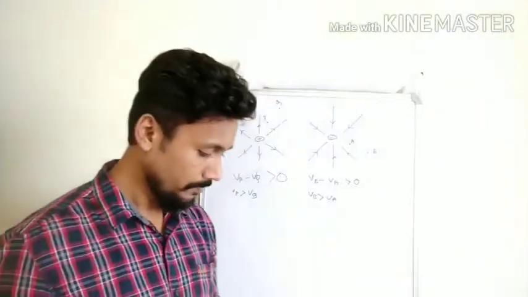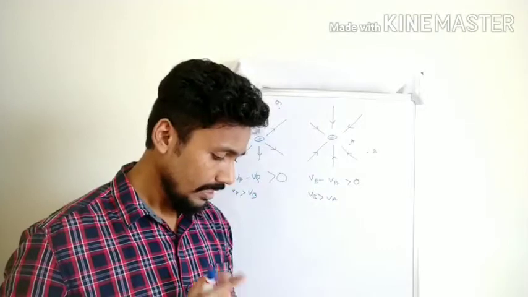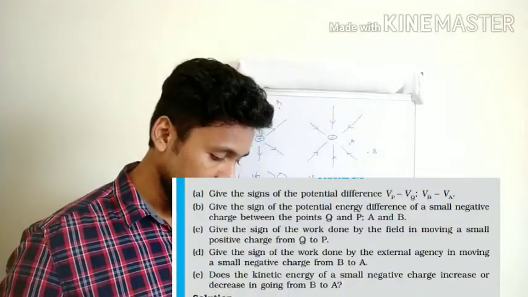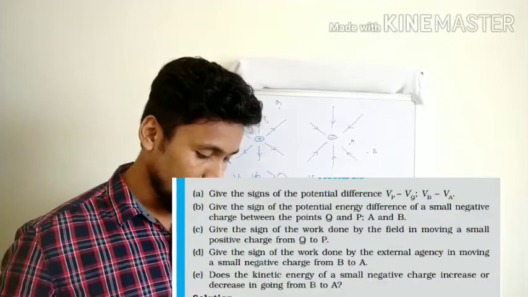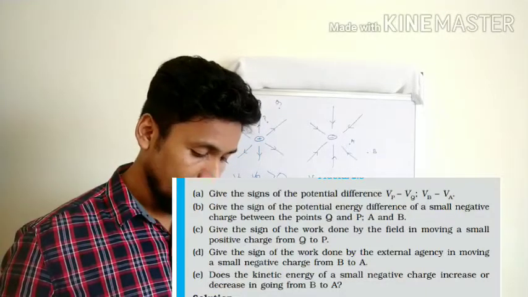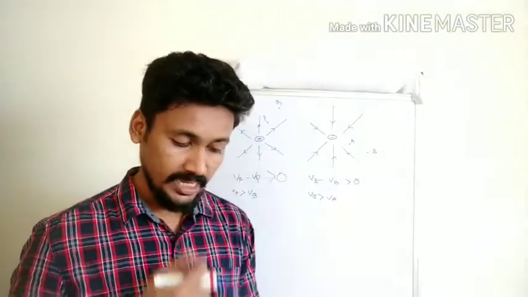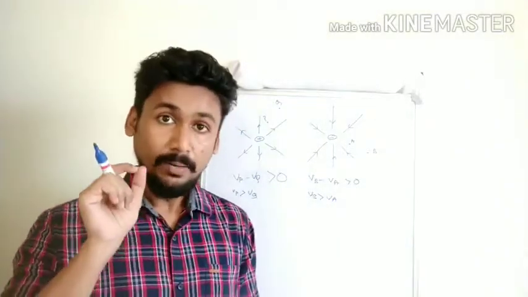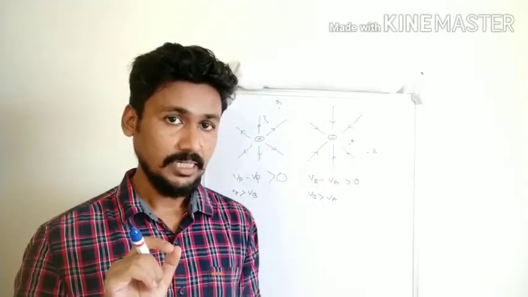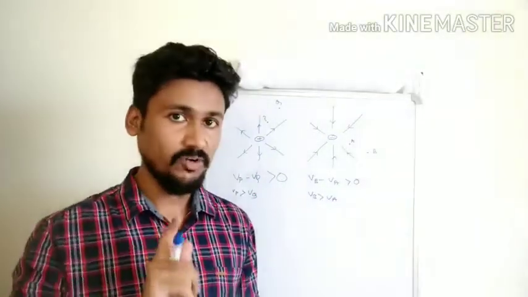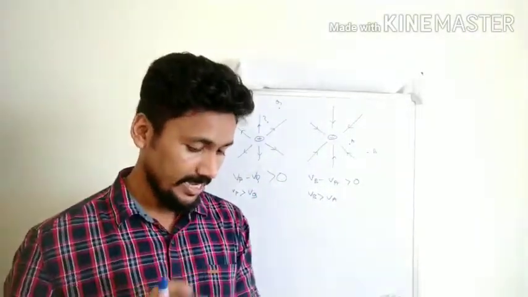Okay, signs of both. Next is, give the sign of the potential energy difference of small negative charge between the points Q and P, A and B. Now this is different. This is not for a positive charge, this is for a negative charge.